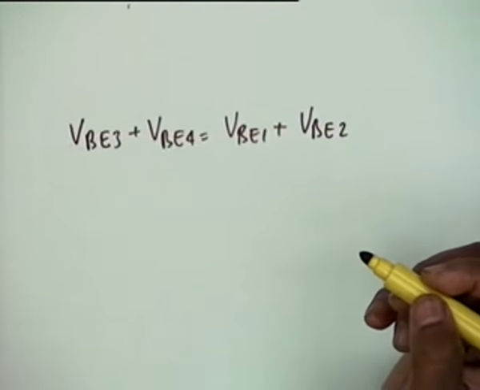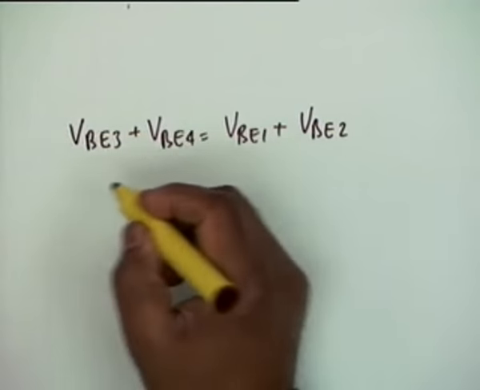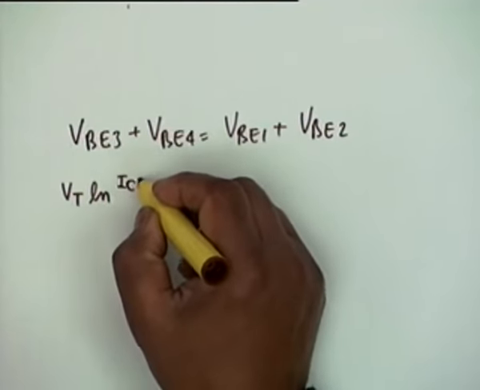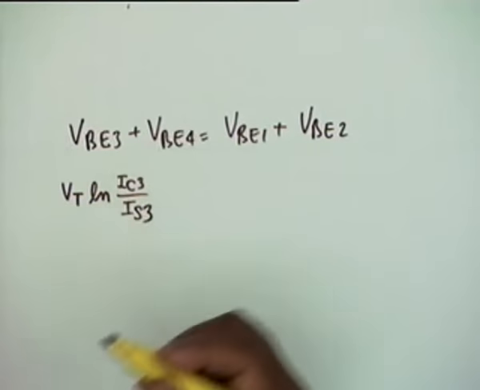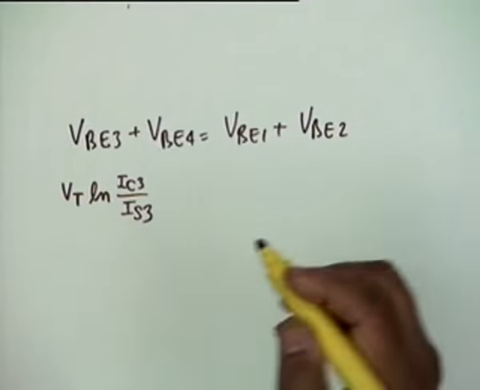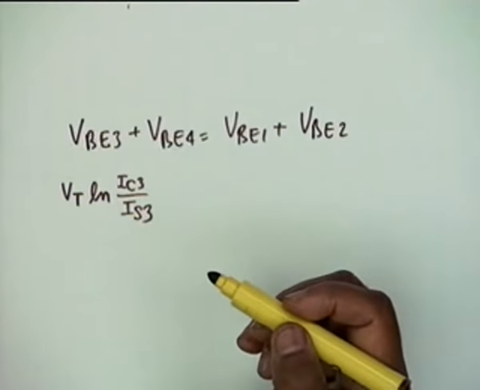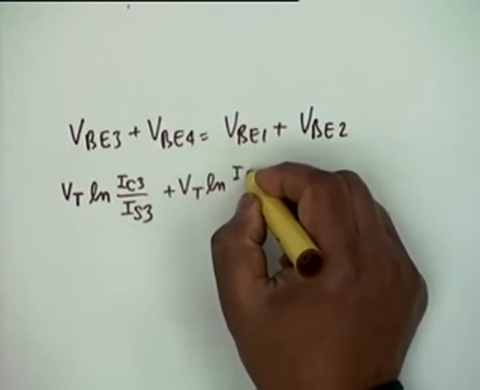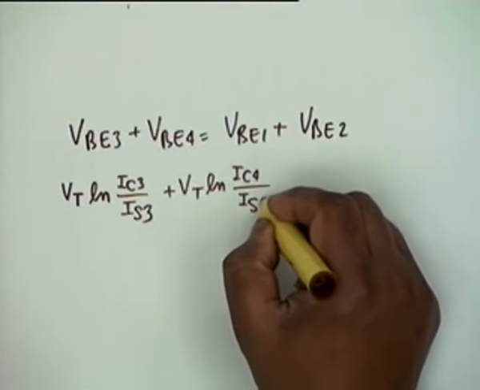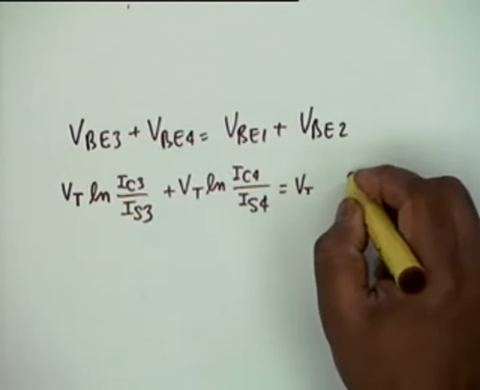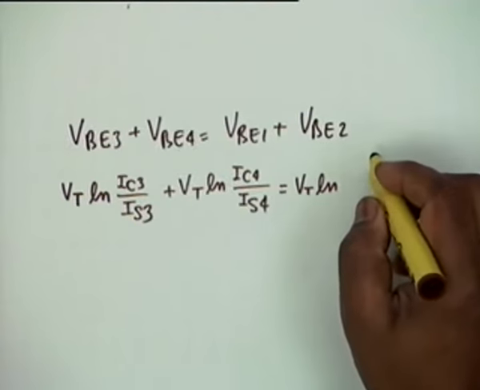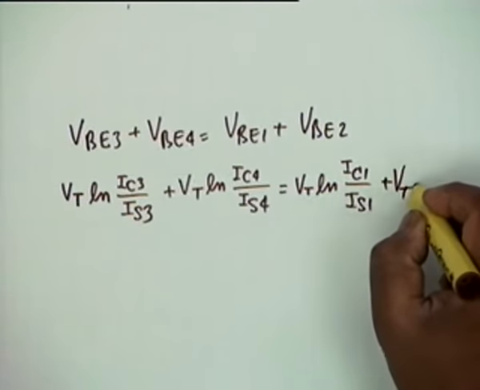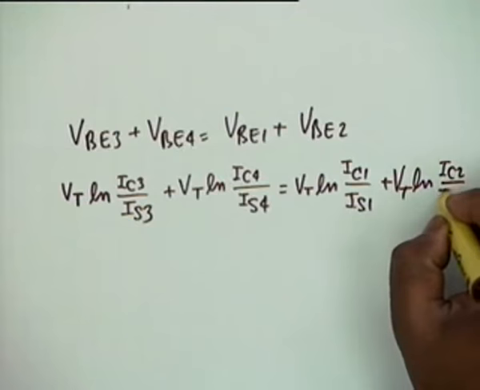Let's write these VBEs in terms of the collector currents. Then obviously what we get is VT log I sub C3 divided by IS3. All right. Is this equation clear? From that collector current equation. So plus VT log of I sub C4 divided by I sub S4 would be equal to VT, the common factor, this Q by KT, I sub C1 divided by IS1 plus VT log of I sub C2 divided by IS2.